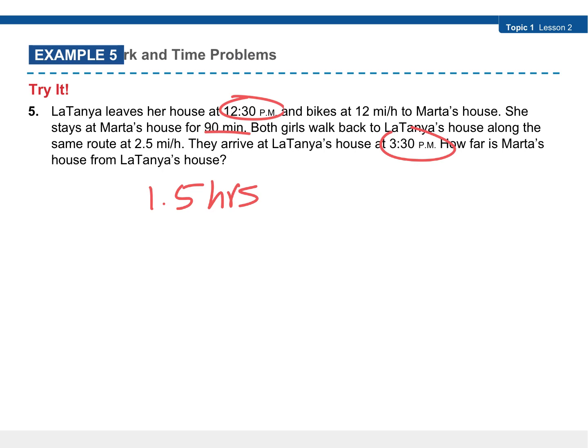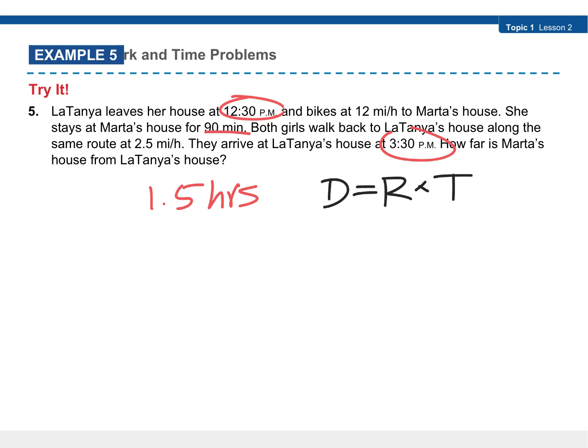What we've learned, though, is that we don't know how much time she spent biking and how much time she spent walking. What we do know is the basic principle: distance equals rate times time. Well, the distance is the same. They went from Latania's to Marta's, and then from Marta's house back to Latania's, so it's the same distance.